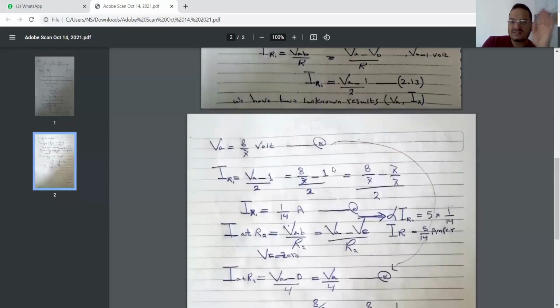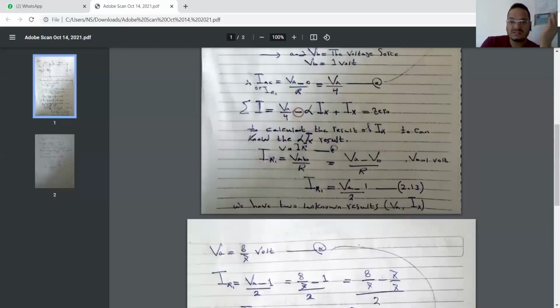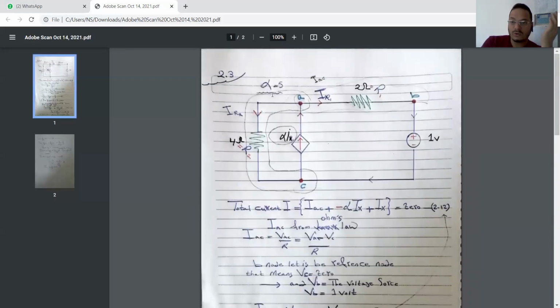Here, honestly, I couldn't understand from where the author got VA equal 8 divided by 7. Maybe it was calculated by using some equation, but I couldn't understand from where, or the author gave it like alpha equals 5.